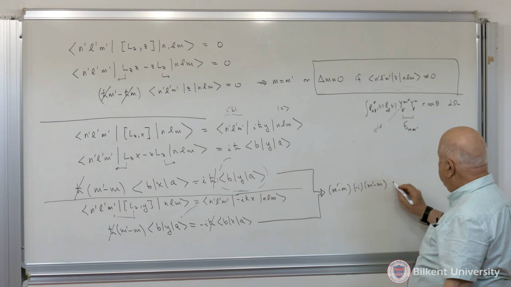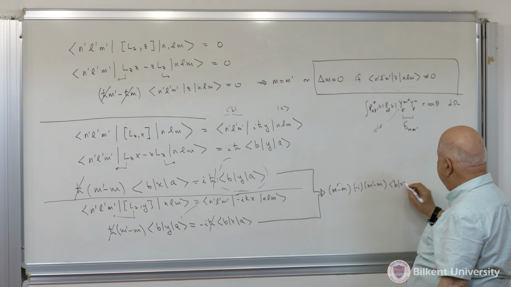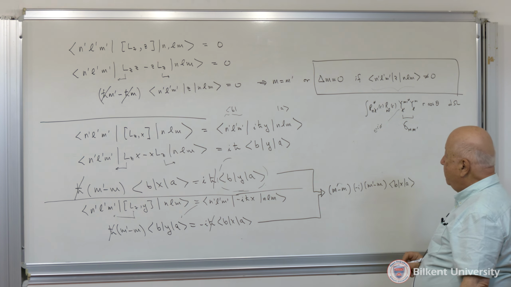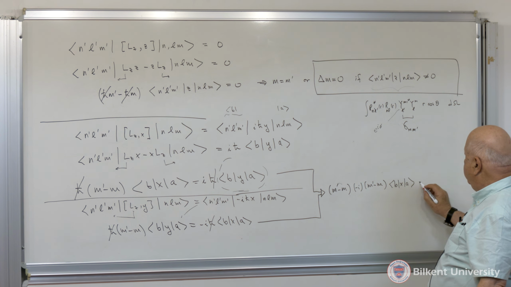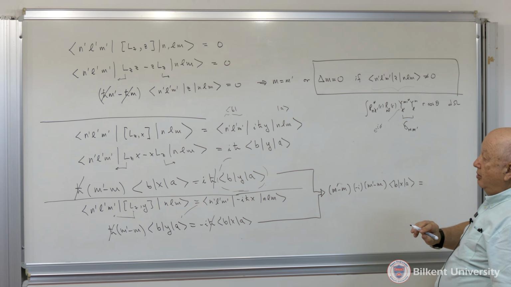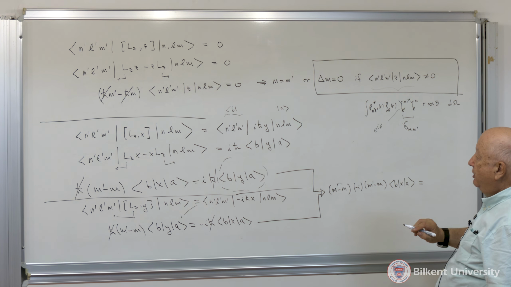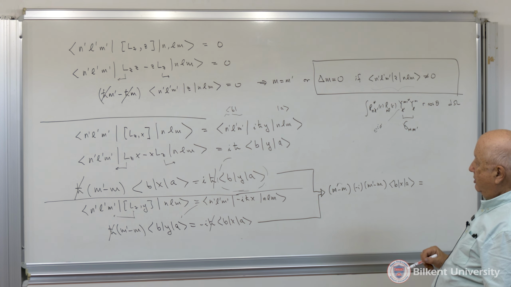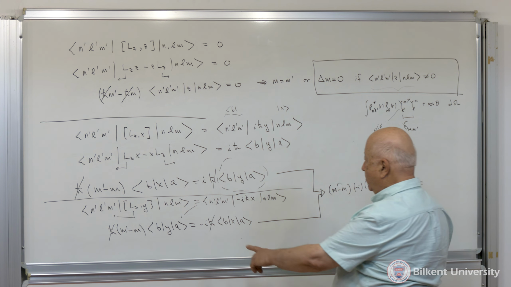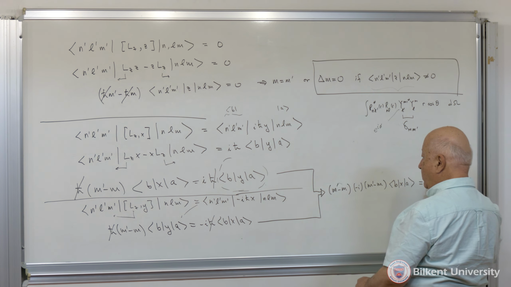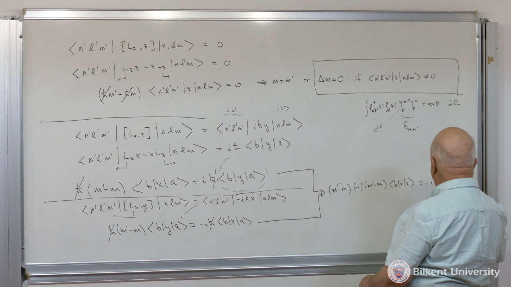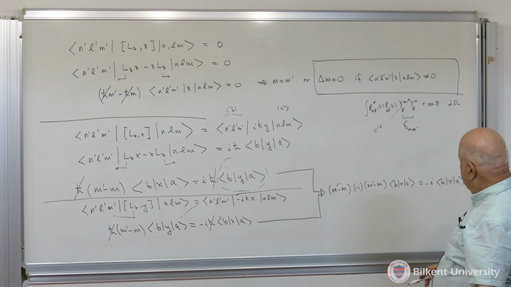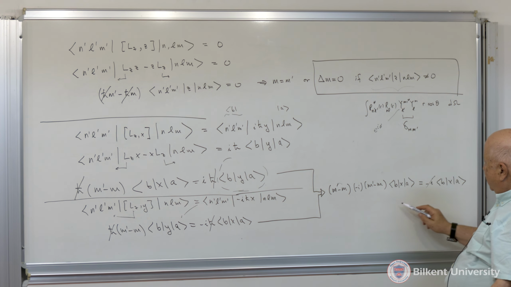<B|X|A> is equal to minus i <B|X|A>. The minus i's cancel.